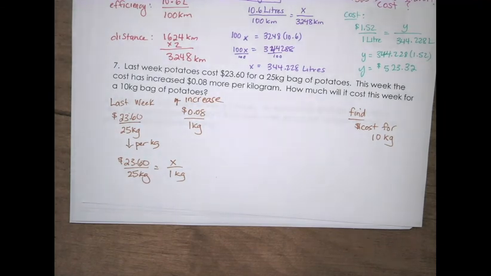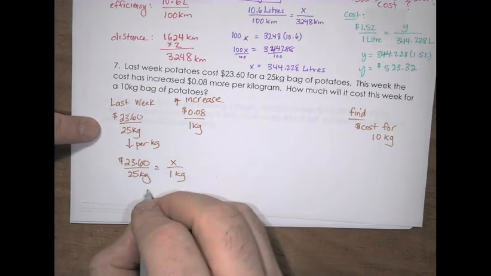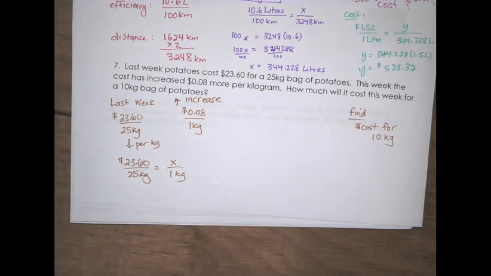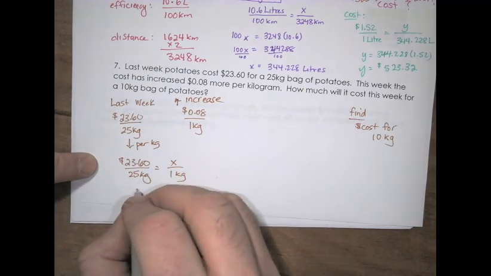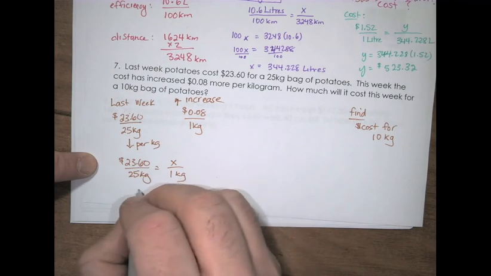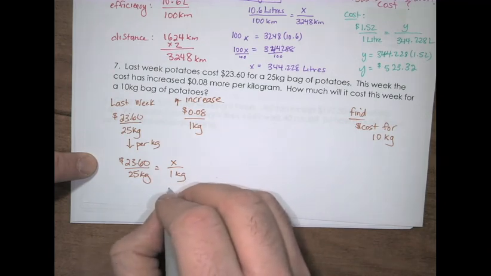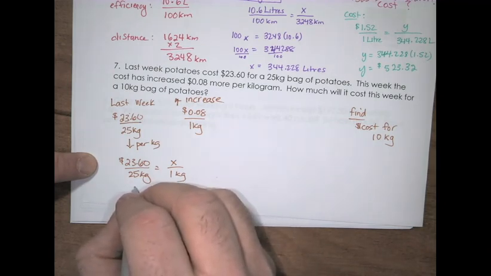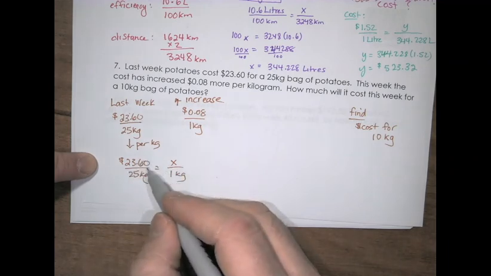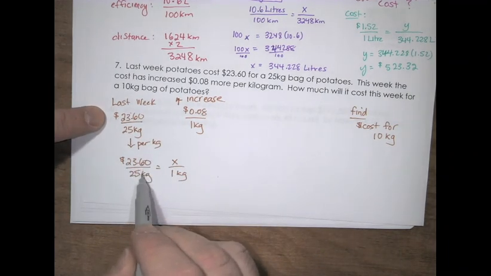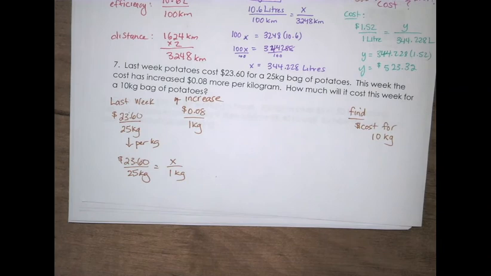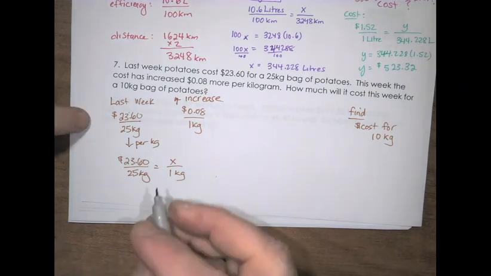So 23.60, I can cross multiply. And technically, if you look at that equation, I can actually just divide that out: 23.6 divided by 25.